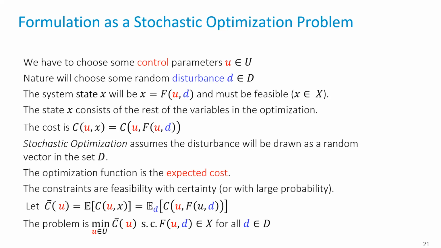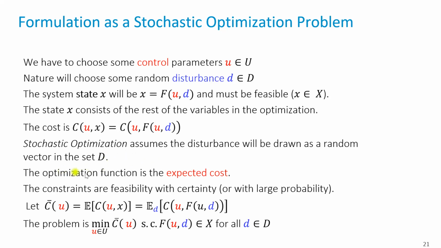I'm choosing the control. Nature plays after me, and I have no control on what nature will play. And I pay for the result of my preliminary decision and the choices of the adversary, which is in this case nature. Although in a smart grid setting, we should not treat nature as an adversary, but that's the language of game theory.